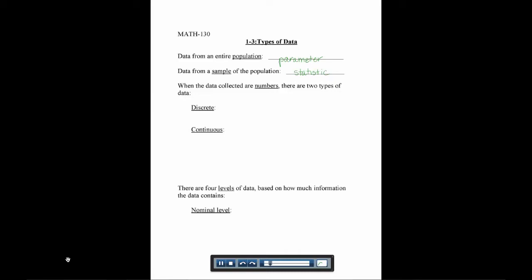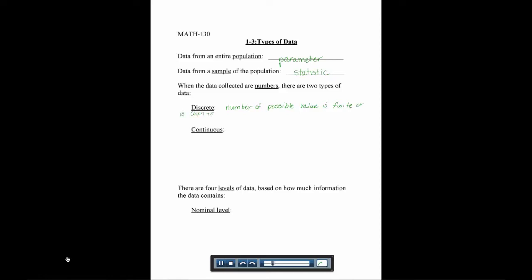Now, when the data collected are numbers, there's two different types. So there's discrete, and for discrete data, the number of possible values is either finite or is a countable number.